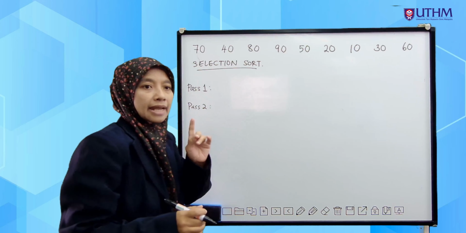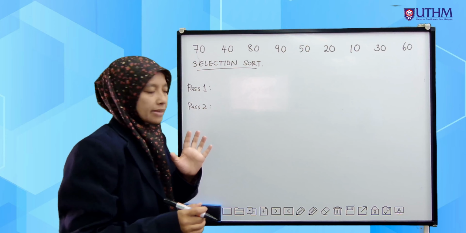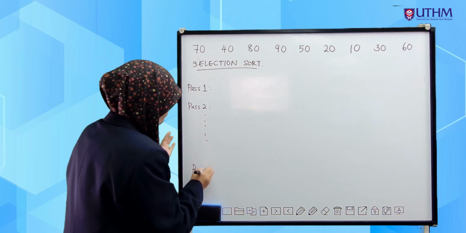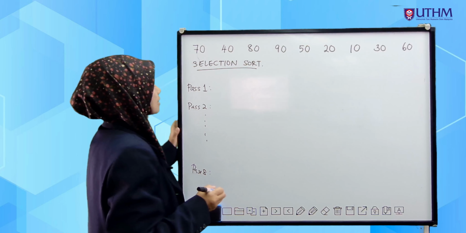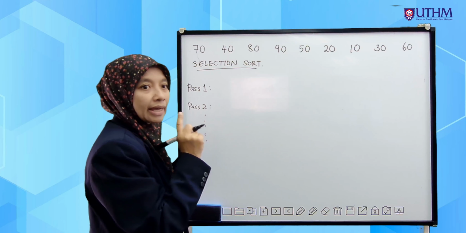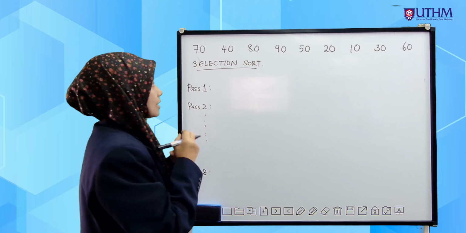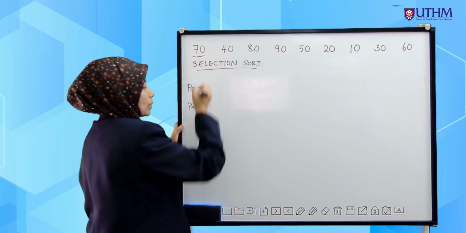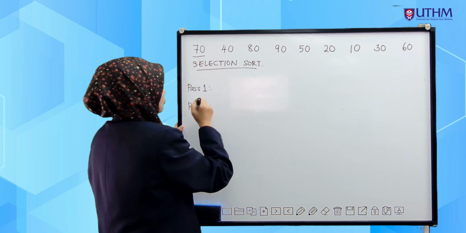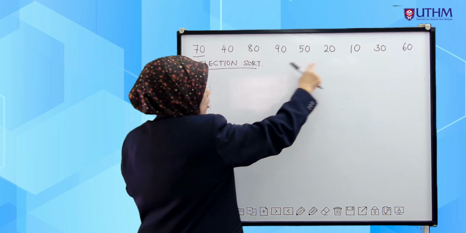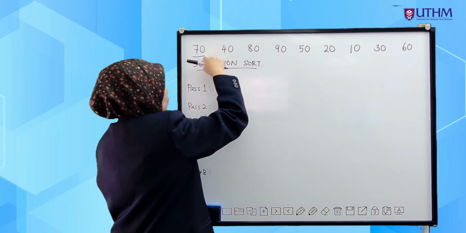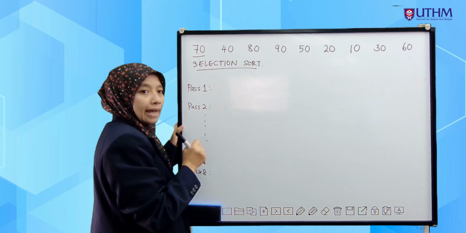Now, in every pass, we have to find the smallest value to swap with the current position in the array. For the first pass, this is our current position. We have to find the smallest value that can be swapped with the value in the current position.